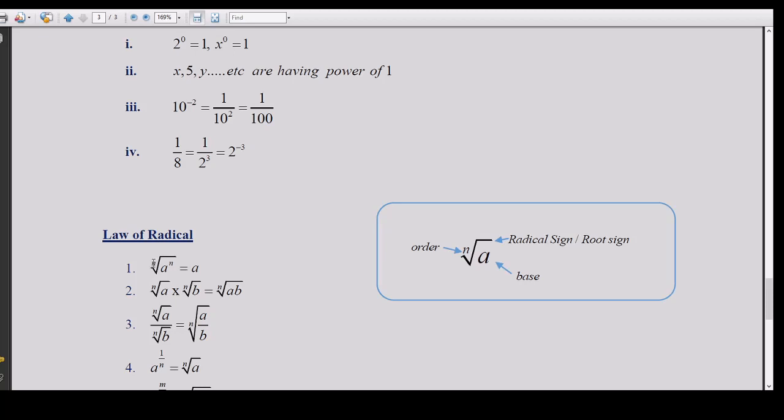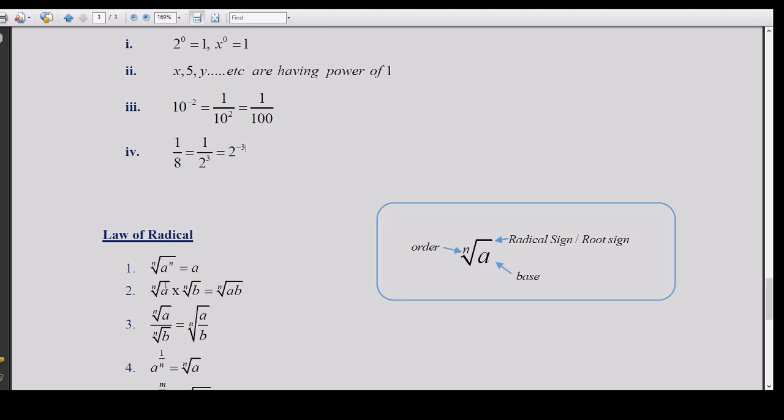The nth root of a to the power n, with the order n, will be equal to a. Now the second is that the nth root of a multiplied by the nth root of b can be multiplied together, because they have the same order.